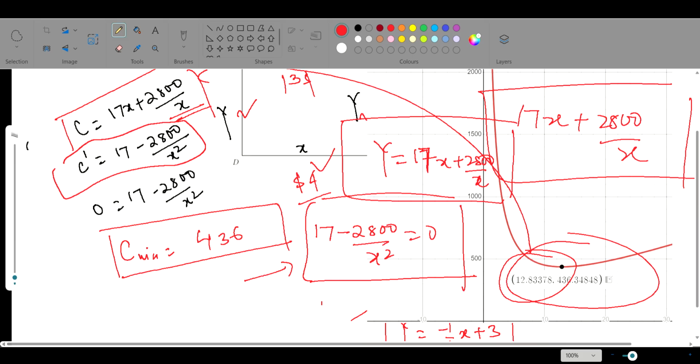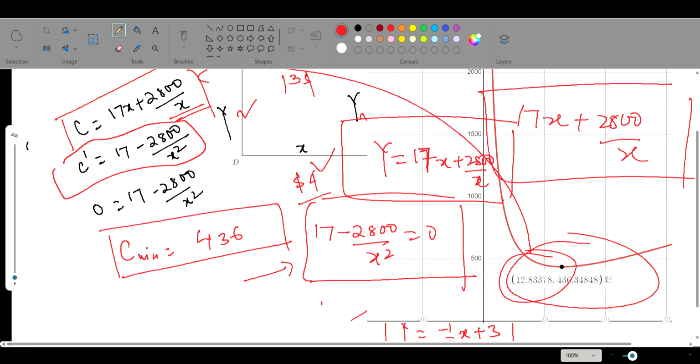You don't have to draw C and C dash both. If you're going with C dash, then you have to substitute the value that you got and you're done. But if you're going with the graph, just draw the graph 17x plus 2800 upon x.